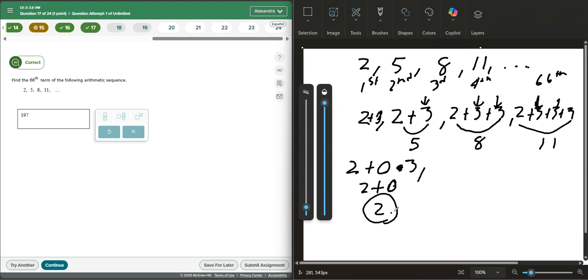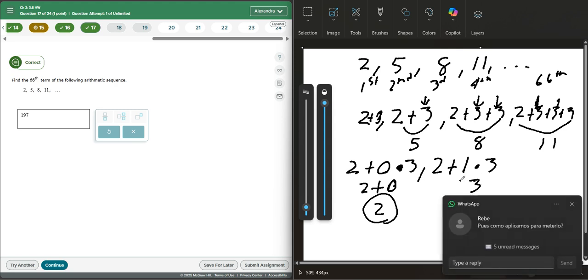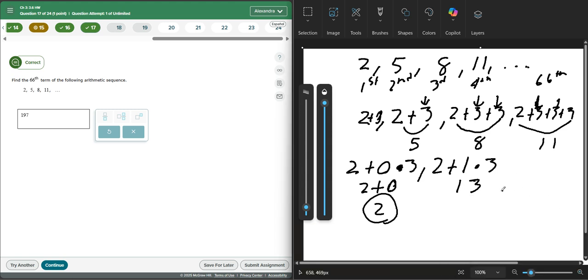Okay, notice how I get a 2. 2 plus 1 times 3. 3 times 1 equals 3, plus 2 equals 5, which is this term.